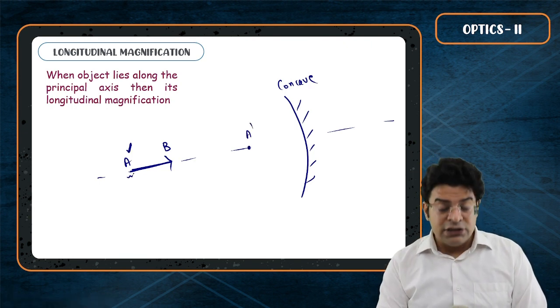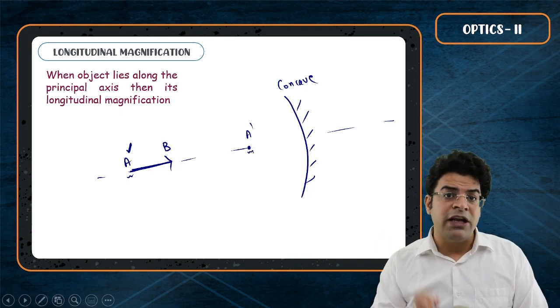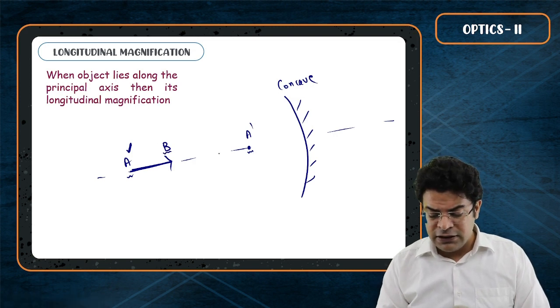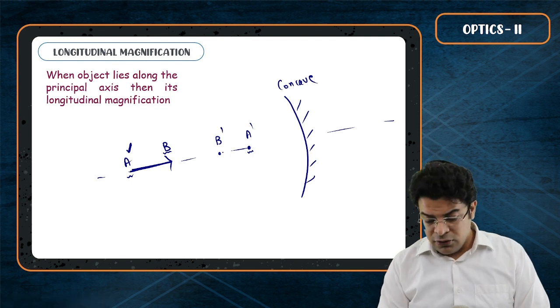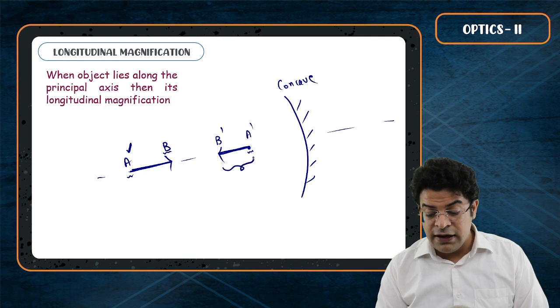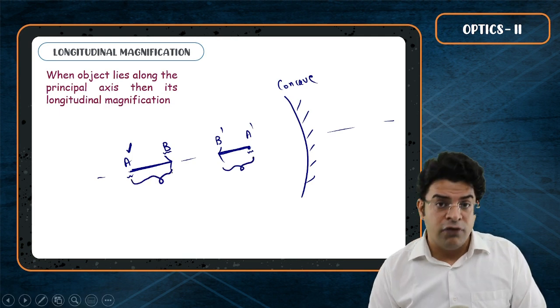Since A is on the principal axis, the image of A, which is A dash, will also be on the principal axis. Similarly, find the image of B, and let's say you get the image of B here, and let's call this point B dash. Now the distance between A dash and B dash gives you the length of the image, and the distance between A and B gives you the length of the object.